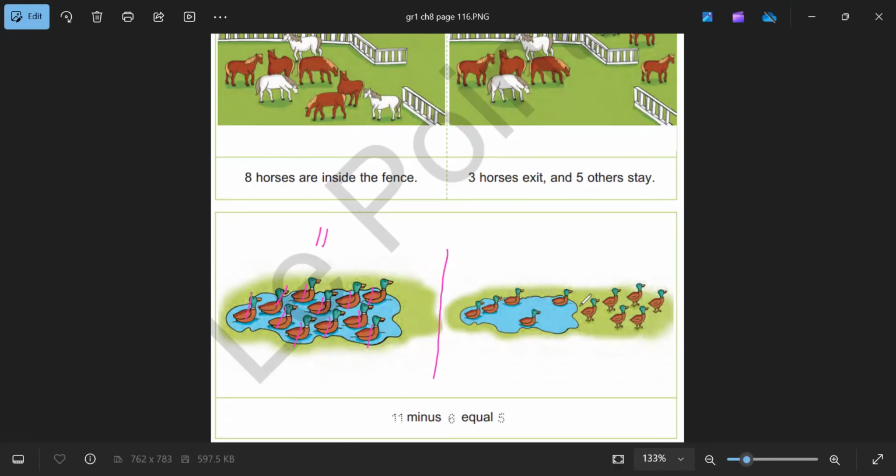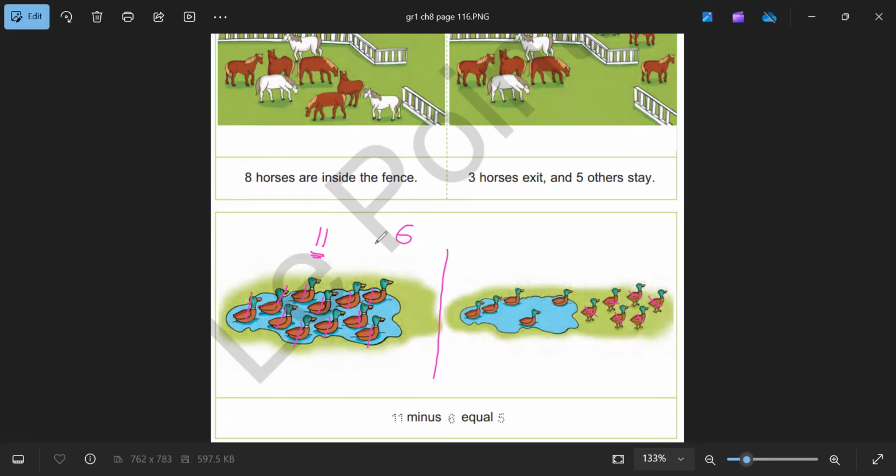After a while, how many ducks are outside the pond and how many ducks are still inside? Let's see. Inside, I mean swimming in the pond. Now, how many ducks are outside? 1, 2, 3, 4, 5, 6. So 6. They were 11 ducks.